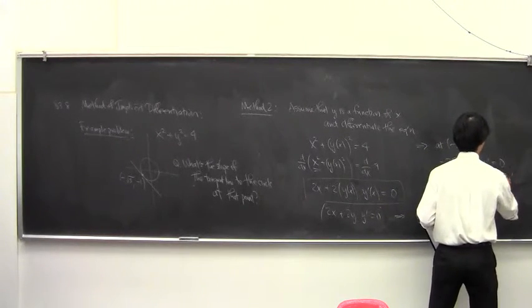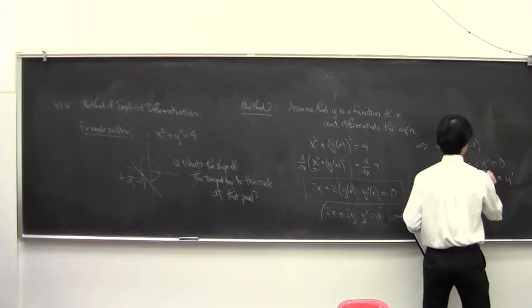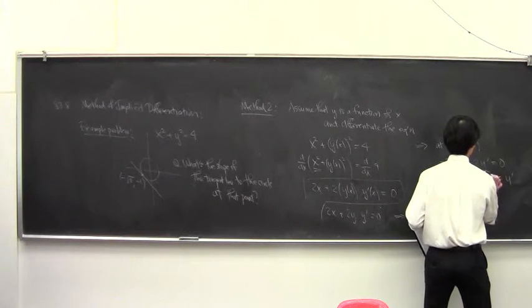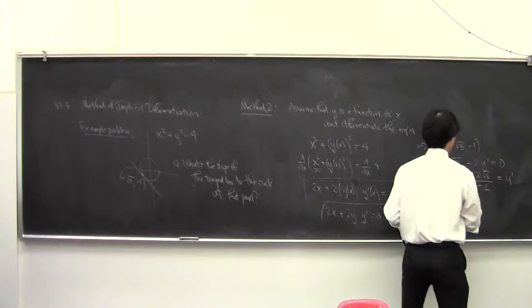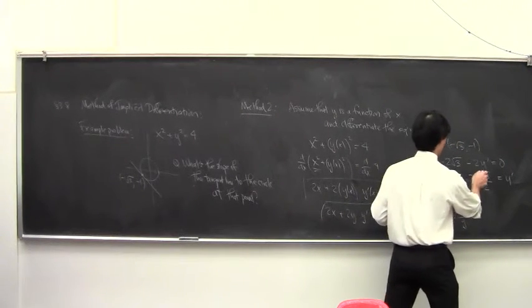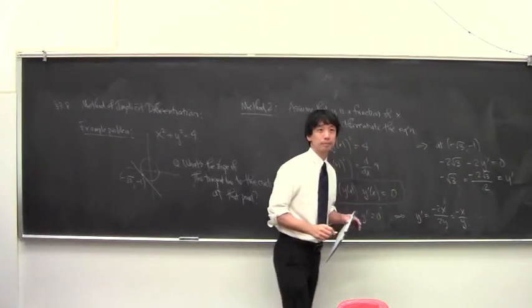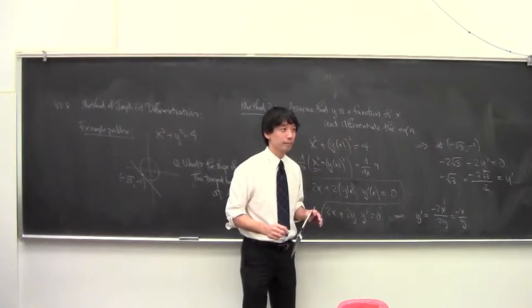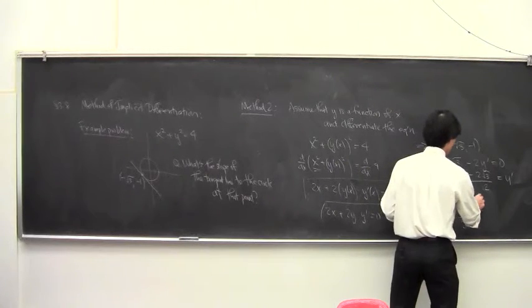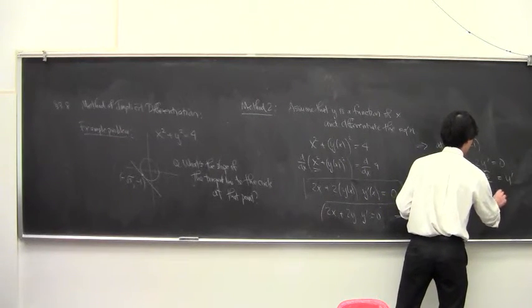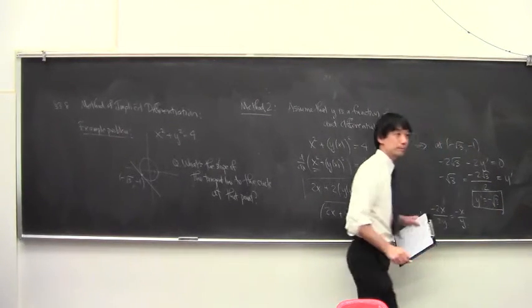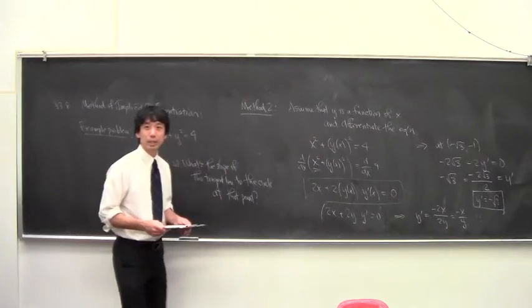Y prime is going to be negative root 3 over positive 2, so you get negative root 3. So y prime is negative root 3, just as it was before. Okay, Kelly, yeah.